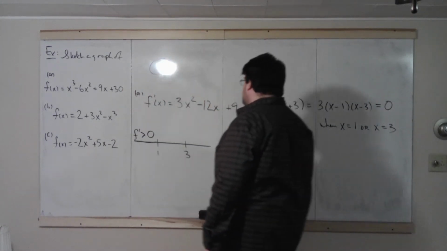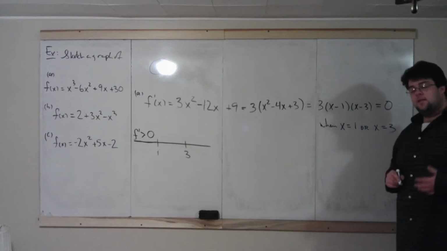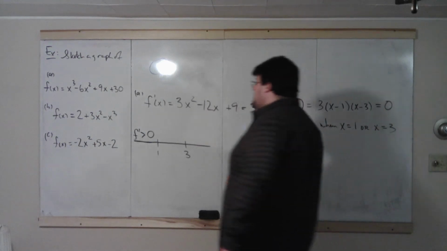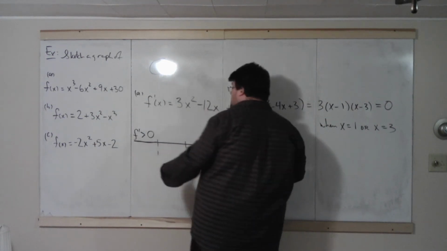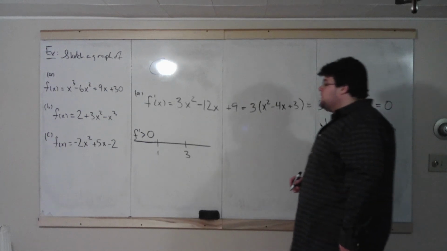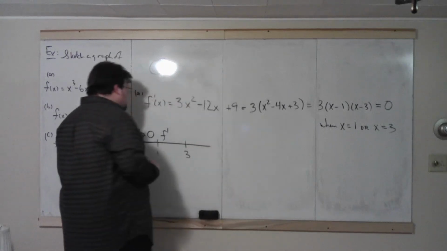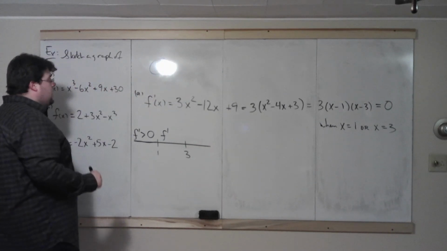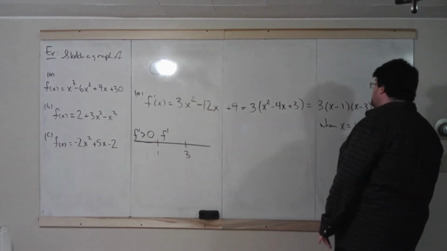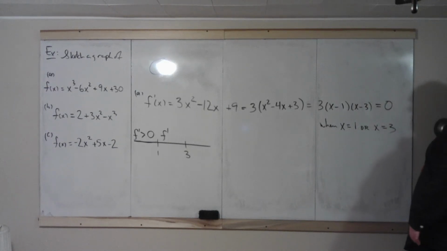Remember, the fact that it's 9 isn't completely relevant. The fact that it's positive is completely relevant. So we picked the point x equals 0, evaluated the derivative, and got a positive number. And let's do that for the others as well. F prime here. Pick a number between 1 and 3. How about 2? And instead of substituting here, I'm going to substitute down here and count signs, because remember, the sign is all that matters.